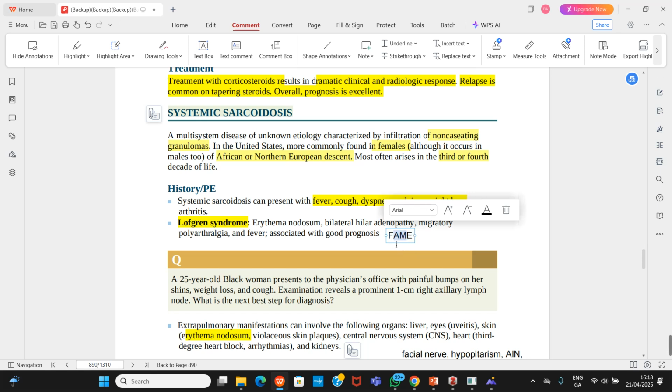F for the fever that they experience, A for the adenopathy, the bilateral hilar adenopathy, M for the migratory polyarthralgia, and E for the erythema nodosum. So they have erythema nodosum, migratory polyarthralgia, bilateral adenopathy, and fever. Lofgren syndrome.